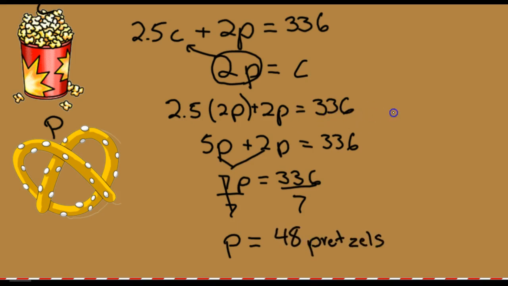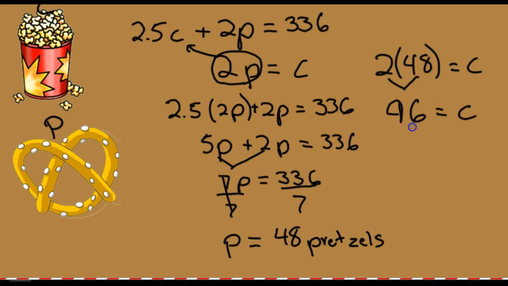Now we said that they sold twice as many bags of popcorn, so we could put 48 in for p to give us how much they sold in popcorn. 2 times 48 gives us 96. So they sold 96 bags of popcorn.